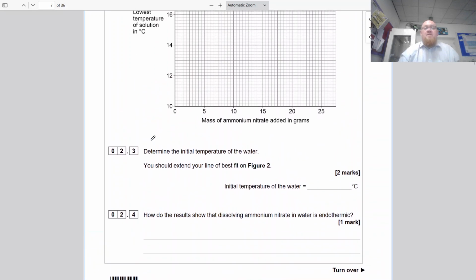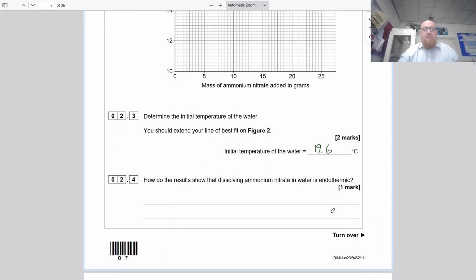The initial temperature of the water you should get at about 19.6 or so. I'd say plus or minus 0.4 degrees is probably going to be okay. But you have to have it through the extrapolation of that line. You have to have extended your line of best fit up to the temperature. One of the marks is for extending that line.